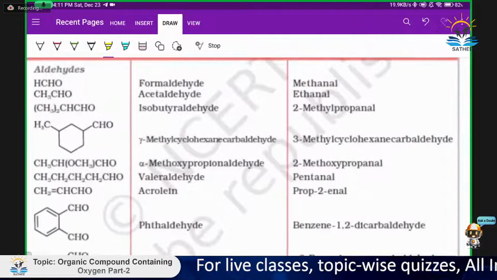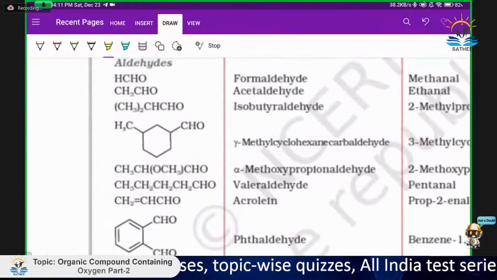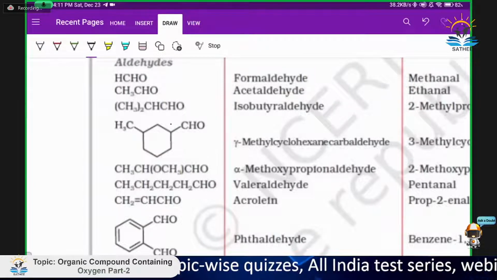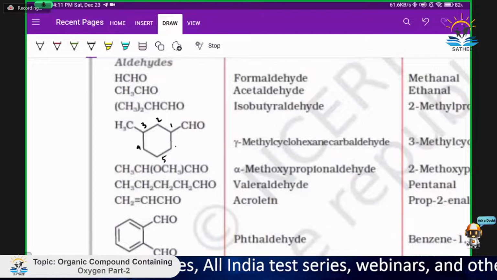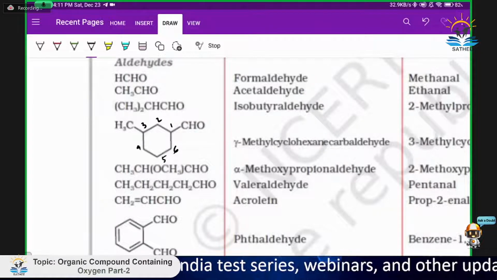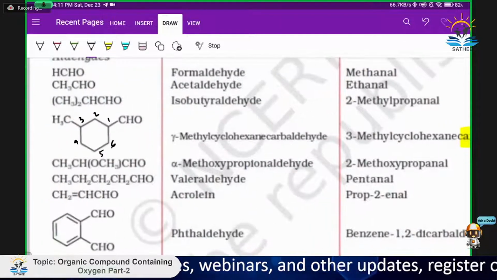So here you can see carbaldehyde is added to the name. When we number it, how will it be numbered? We number it from 1, 2, 3, this way, so the substituents also get the lowest number. In the third position there is a methyl group, so 3-methylcyclohexanecarbaldehyde will be the name of this compound.